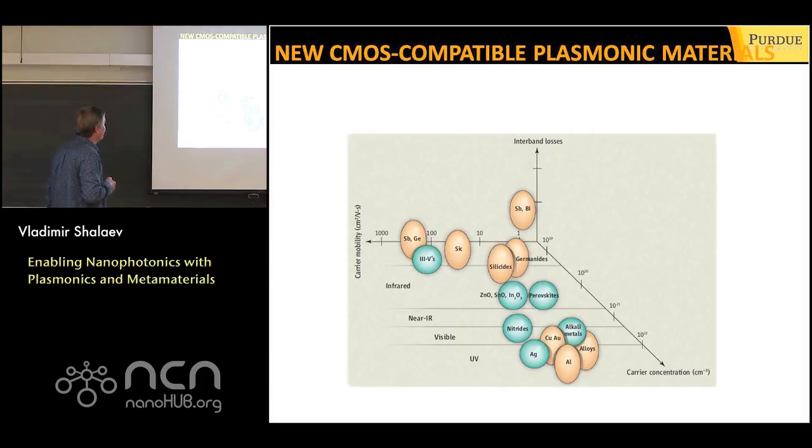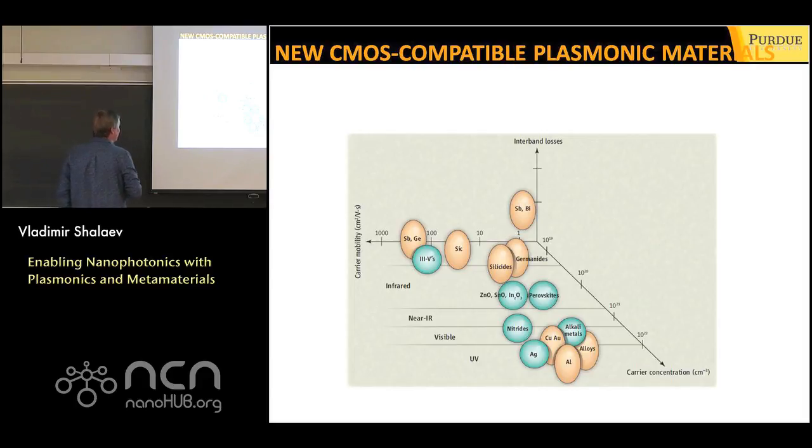In that regard, it's important to broaden the family of materials that could be used for plasmonics. My colleague Alexandra Boltasseva is pretty much a pioneer in that area, even though a number of groups are now working in different areas to broaden the scope of material platforms for plasmonics.